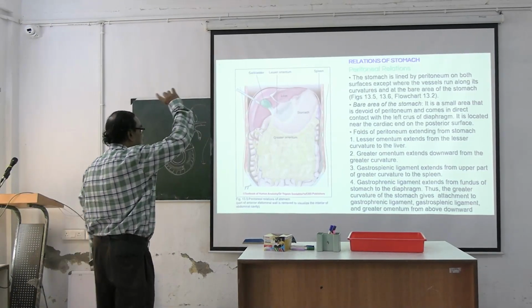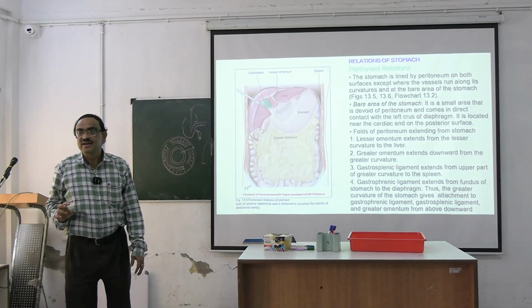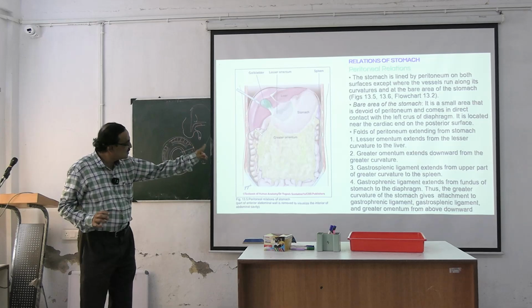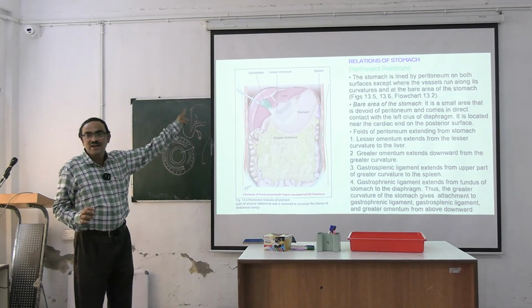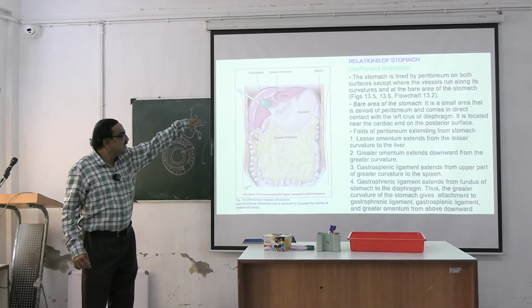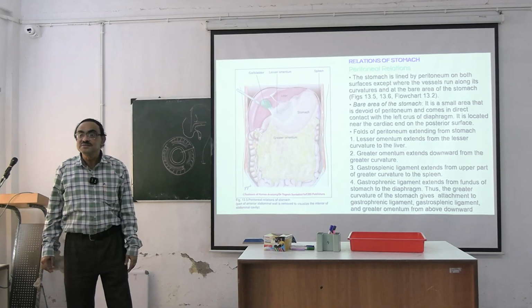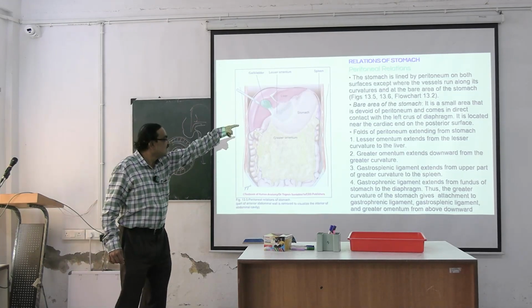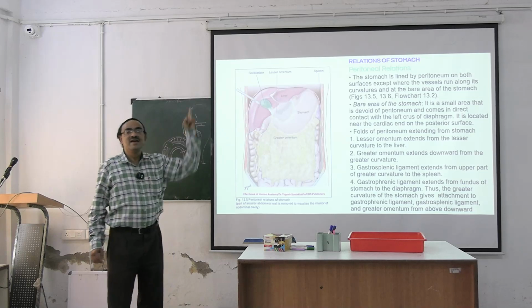and another arterial necklace is around the greater curvature. The arterial necklace around the lesser curvature is from the right gastric artery and left gastric artery.